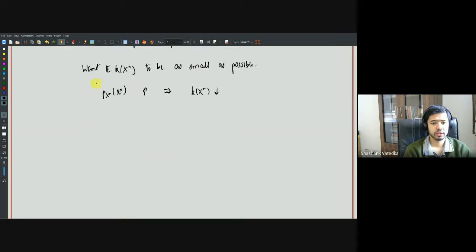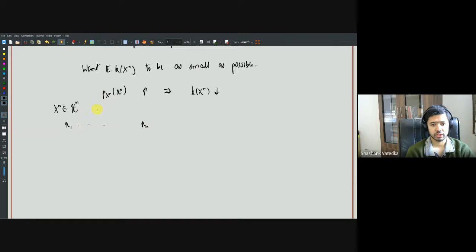So let us assume that I write down all possible source sequences. We'll assume that the random source sequence comes from some alphabet, script X. So I'll write down all possible sequences, X1 up to Xn.